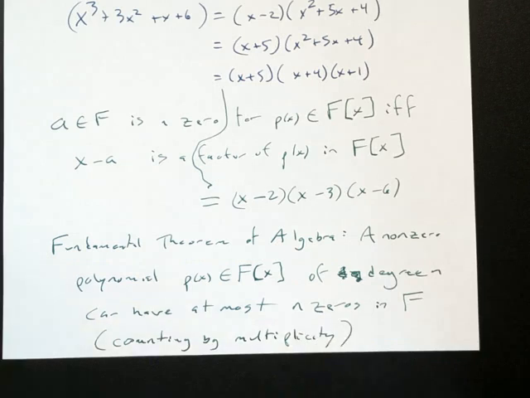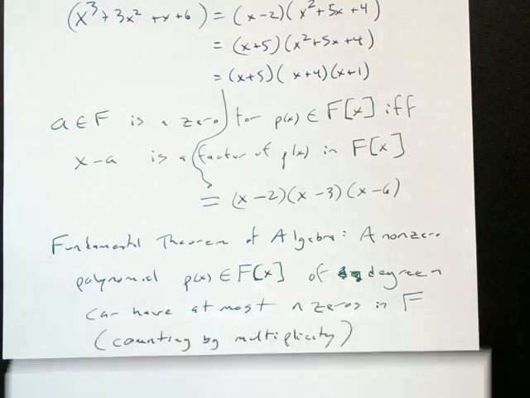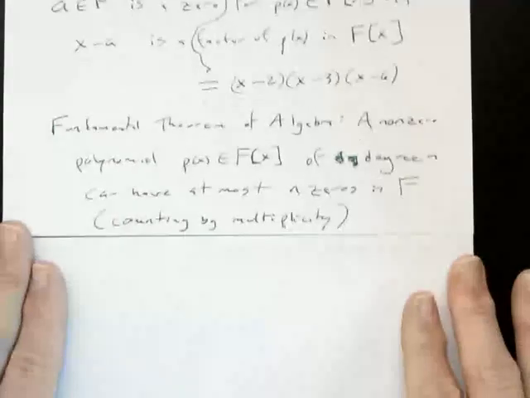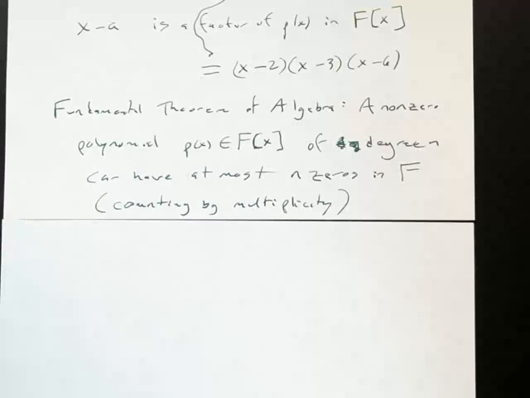Something you've been using for probably 7 or 8 years by now in your mathematical career. As a matter of fact, we did this in Calc 2 and 3, all finding all those critical points, right? You take a polynomial, you set it to 0. How many places do you have to look for?